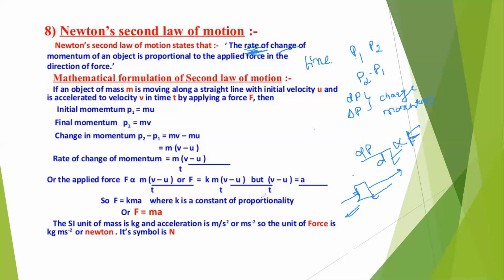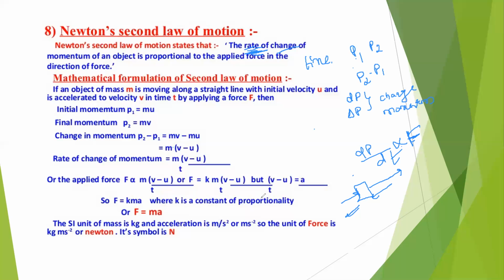According to all these considerations, we can write the initial momentum of the body. You can see in the slide, the initial momentum is written as P1 is equal to m into u, since momentum is given by the product of mass and velocity.